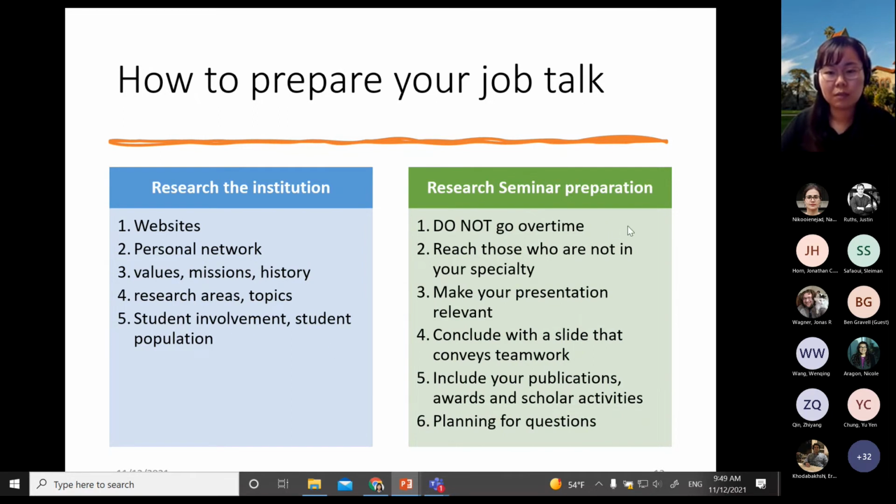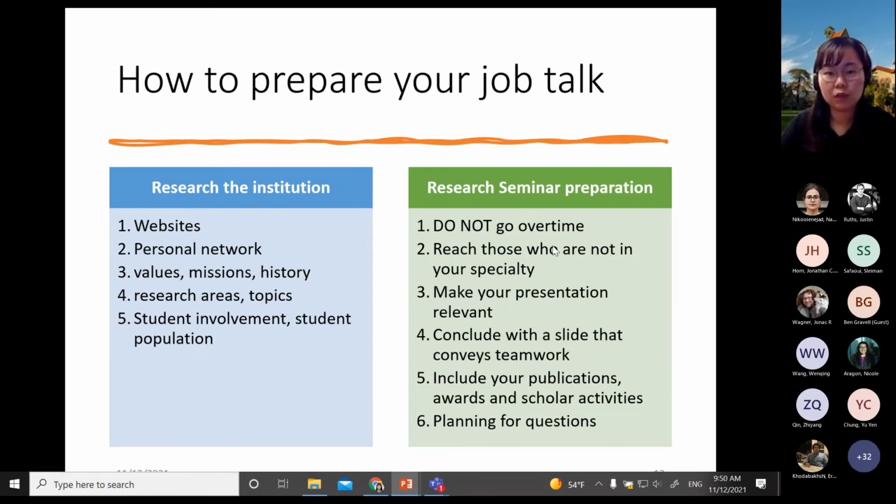And in the research seminar, so usually it's a 45 to 50 minute research seminar, and they will reserve a 1 hour slot for you to do the research talk, but be sure not to go over 50 minutes because you always need to leave 10 minutes for your audience to ask questions. And then also in the research seminar, don't be too technical.